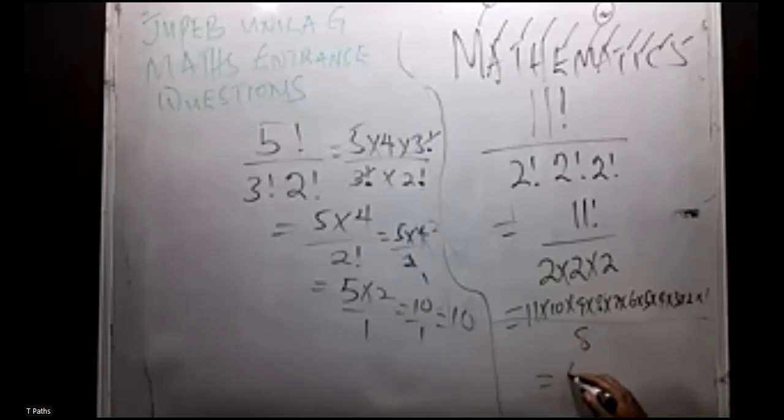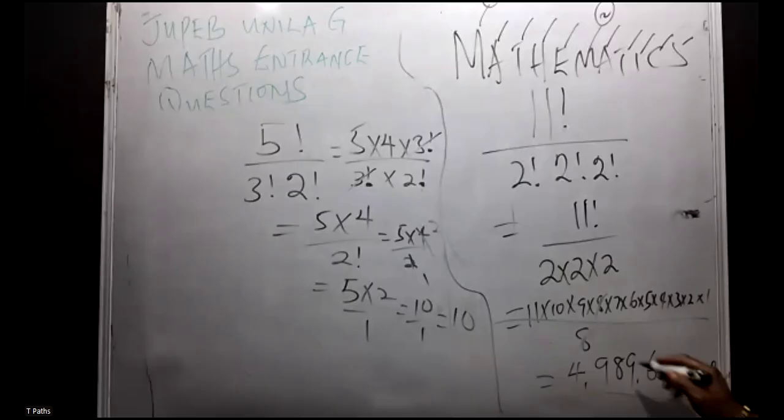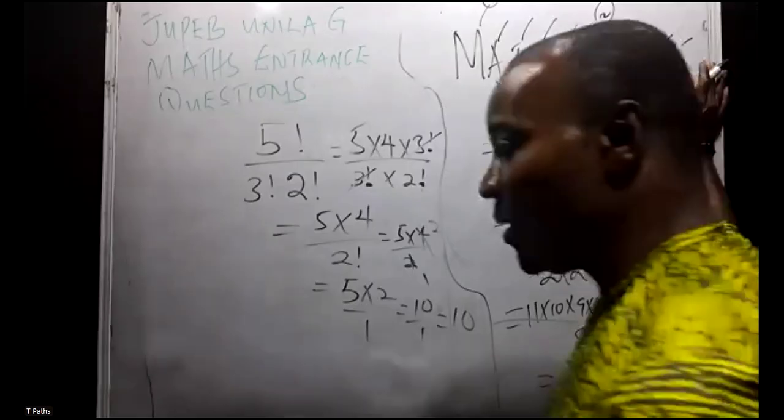So we have a total of 4 million, rather, 989,600 ways. We are asked in how many ways can the letters of the word mathematics be what?